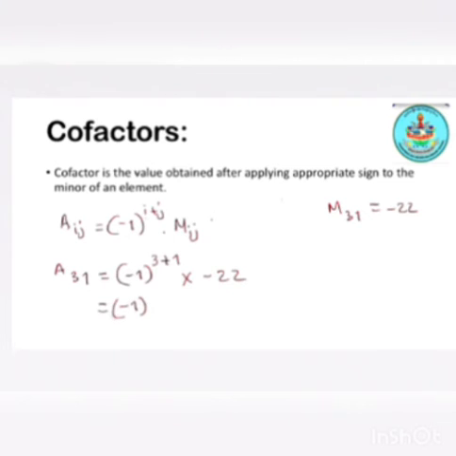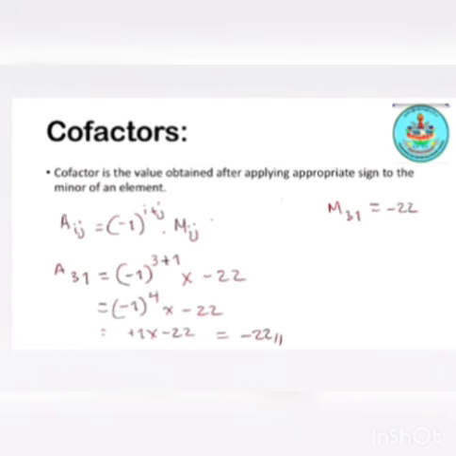So negative 1 to the power 3 plus 1 is 4. An even power of negative 1 is positive 1. So we get positive 1 times negative 22, which will be negative 22 only. So our cofactor for third row, first column will be negative 22. So this is how we find it.